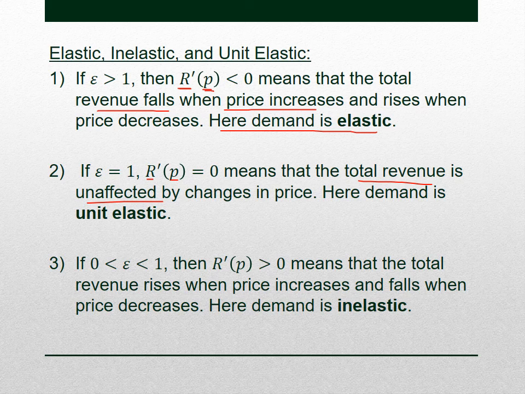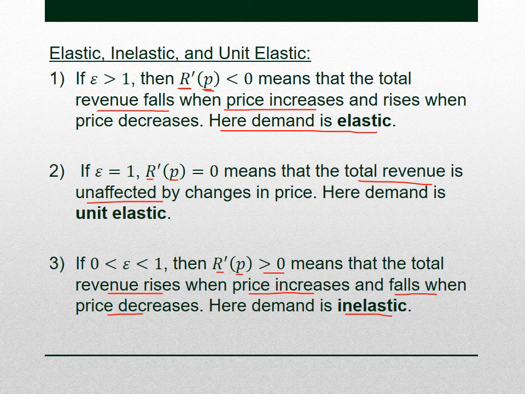We set it up that way. It's also never going to be 0. So if it's between 0 and 1, then that means the rate of change of the revenue with respect to the price is positive, which means that when the price increases, so does the revenue. And when the price decreases, so does the revenue. So here, when epsilon is between 0 and 1, we say it's inelastic.